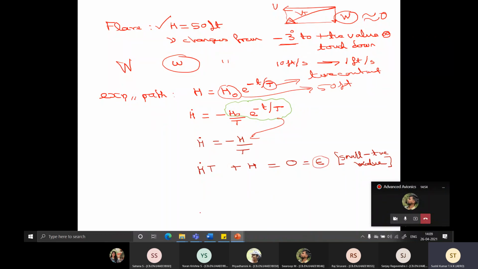Otherwise, let us say this is the runway and this is the touchdown. If you're not giving this small negative value, when you start the flare, it will be a very long flare. It may just overshoot the runway also. We don't want such a long trajectory, so we give a small negative value so that it goes somewhat like this and touches down.